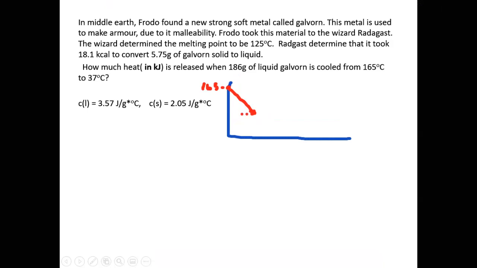That's its melting point. Now at the phase change, we're going to go from a liquid to a solid, so we have a plateau. And then after all of the liquid gets converted into solid, we keep on decreasing in temperature until our final temperature of 37 degrees Celsius.